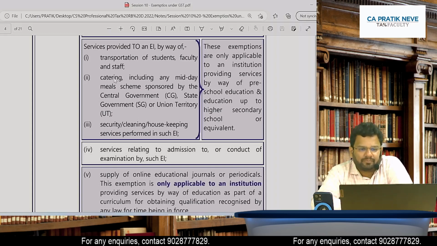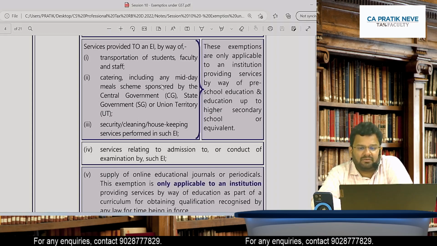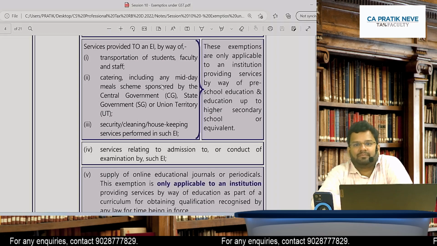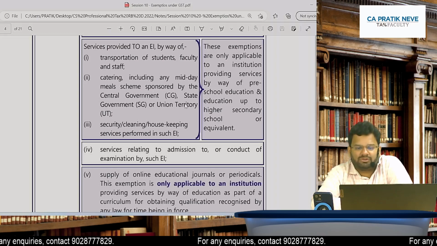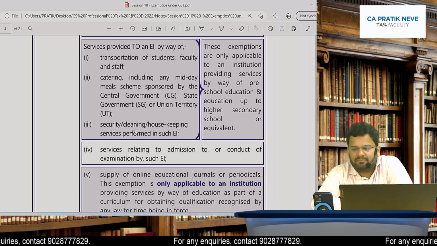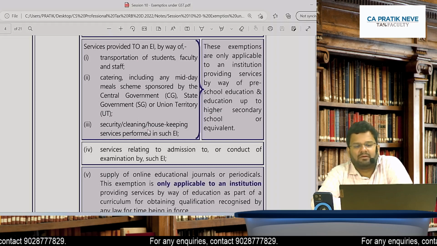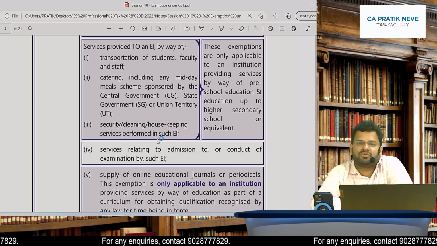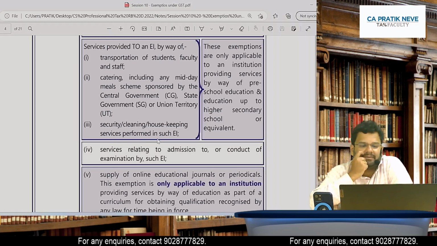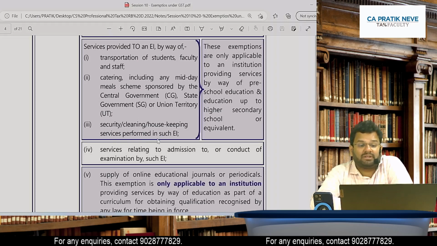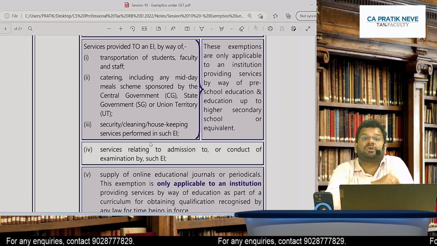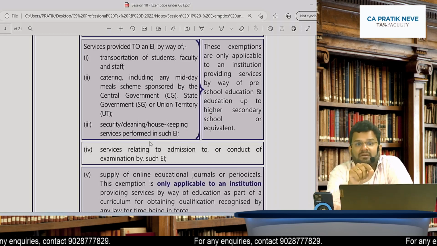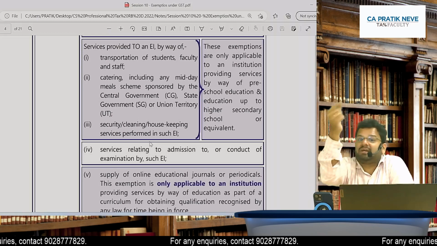Very good. Then catering service, to whom? Again schools. And security, cleaning, housekeeping services performed in such education institution. Mind you, in such education institution, so not for any program outside the school.